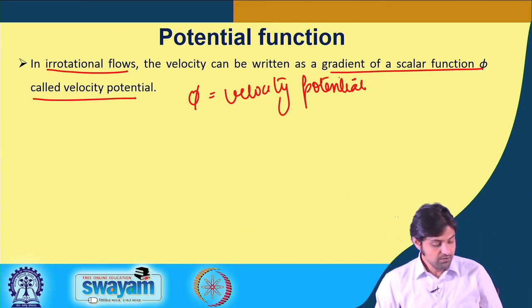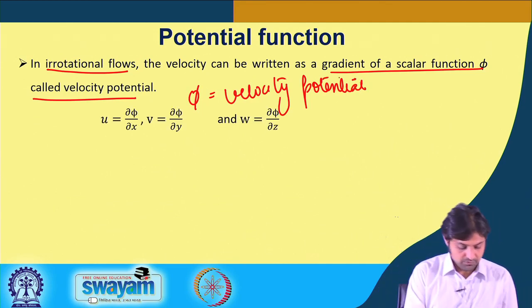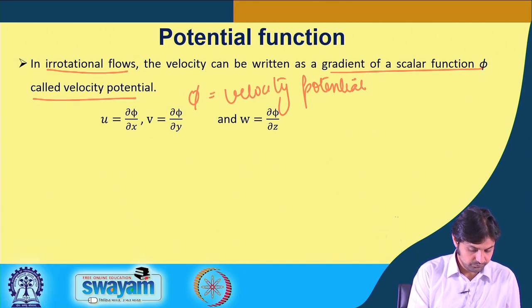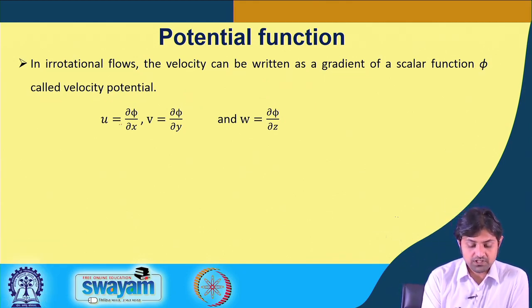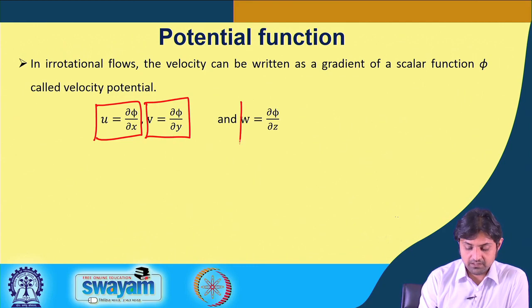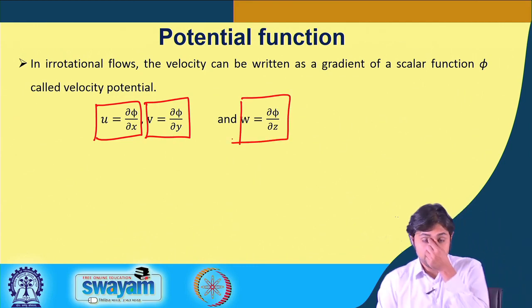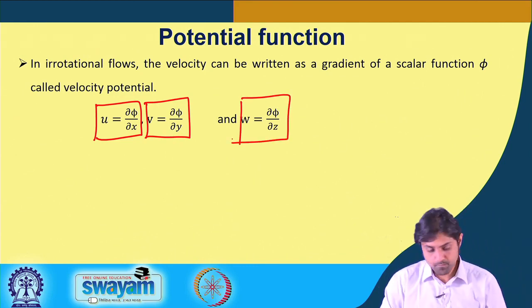Therefore, u in terms of the velocity potential is written as del phi by del x, v is written as del phi by del y, and w is written as del phi by del z.